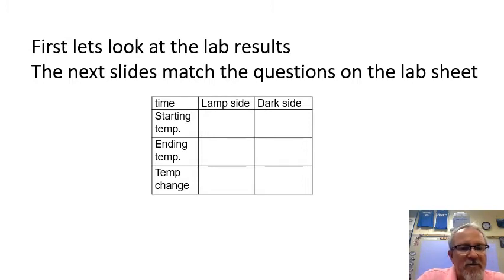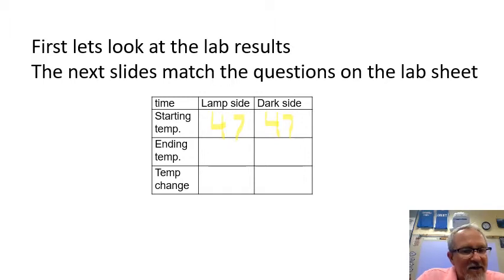The starting temperature was pretty chilly, might have been about 47 degrees or so because we were using ice water in the bucket. But the water on both sides should have been the same temperature to start, or very similar. When you turned on the lamp, well, then the temperatures became different.